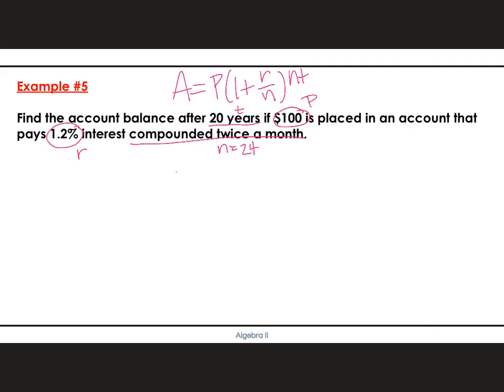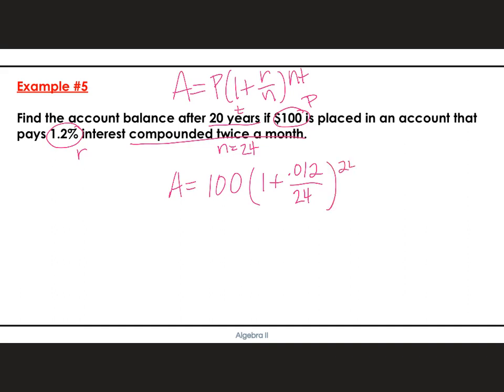So that means that A is equal to P, which in this case is 100, times 1 plus our rate, which is 1.2%. So 1.2% we write as 0.012 over N, which this time is 24. And then we need to raise that to the NT power.